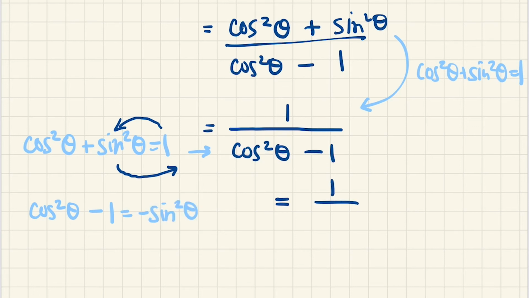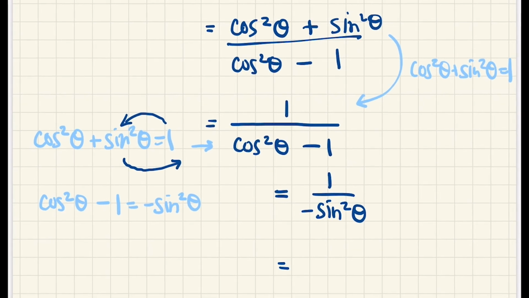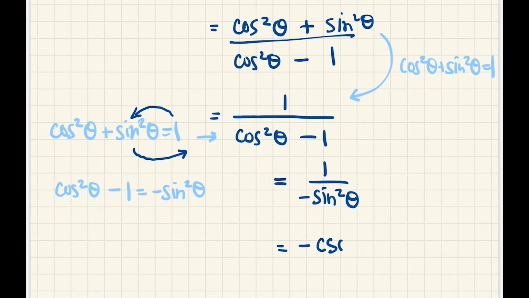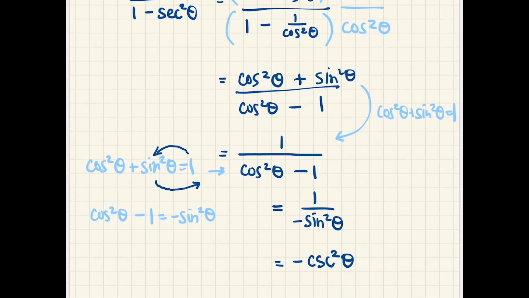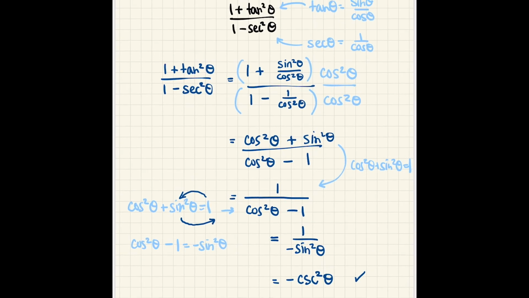So this is 1 over negative sine squared theta, and that's actually equal to negative cosecant squared theta. And that's pretty simple. I don't think we're going to be able to make that any simpler than it is. So let's leave that alone and consider this simplified.